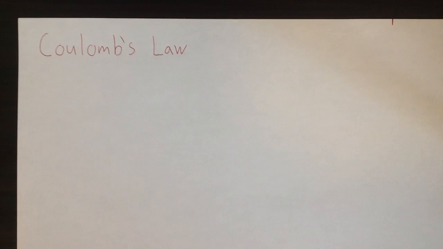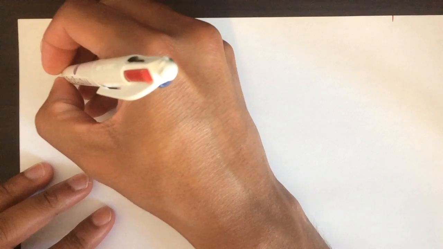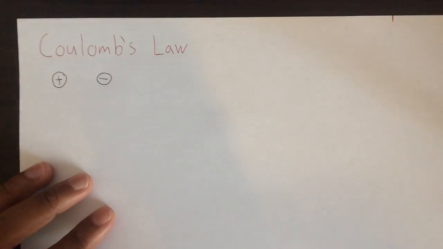So Coulomb's law has to do with a repulsive or attractive force that is felt by two charges. So let's just say we have a charge here that's positive and a charge here that's negative.